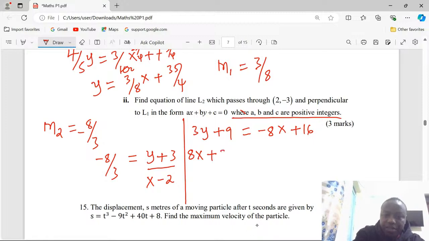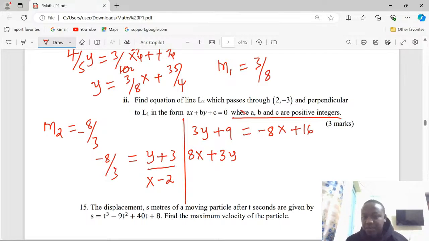Then there is already 3y. Now we are having 9, which means we are supposed to subtract 16 from 9. So 9 minus 16 is going to give us -17.